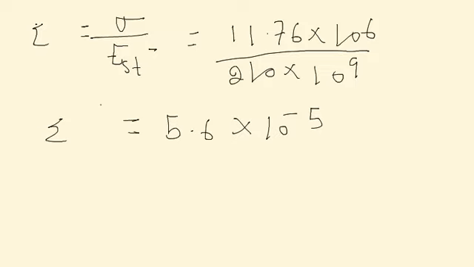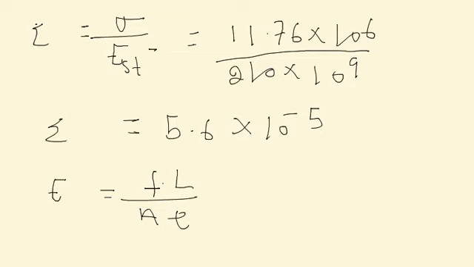Alternatively, we can use the other expression of Hooke's law to determine the strain. That is, the Young's modulus is equal to FL all over AE, where E is the extension.